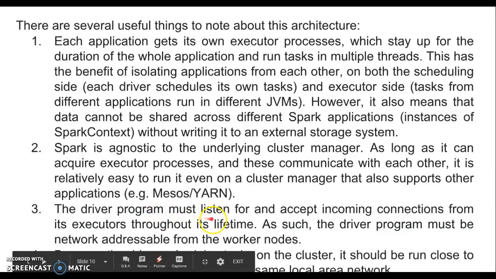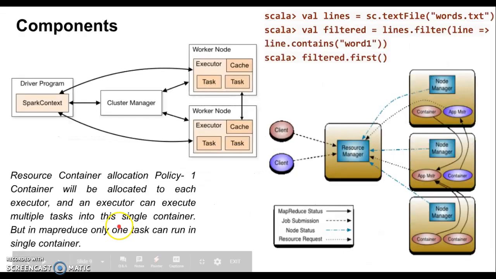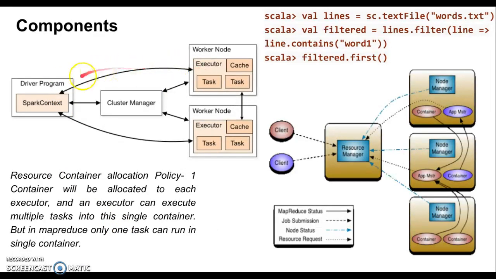The driver program must listen for and accept incoming connections from its executors throughout its lifetime. As such, the driver program must be network addressable from the worker nodes. What it's trying to say is that when you launch your program, there should be connectivity between driver nodes and worker nodes, because they communicate all the time.